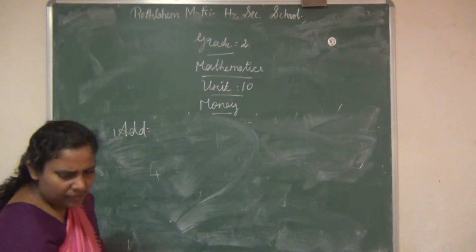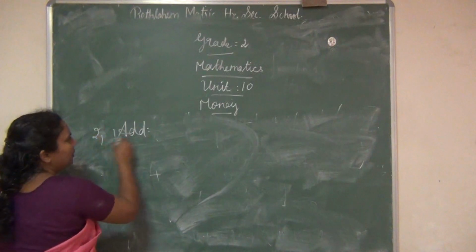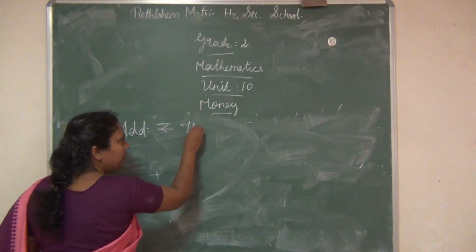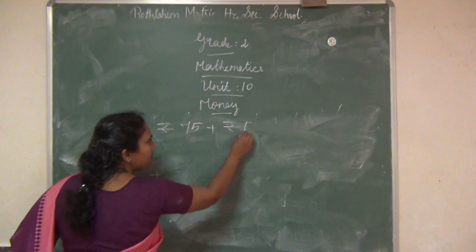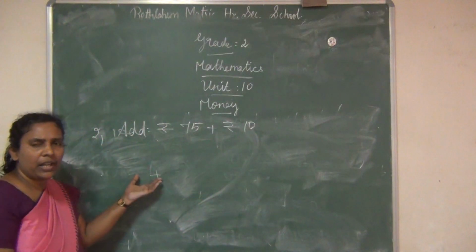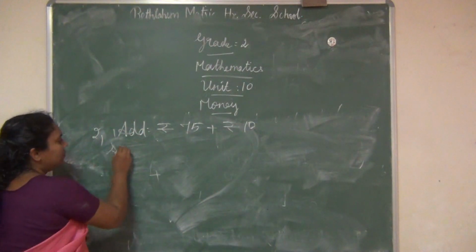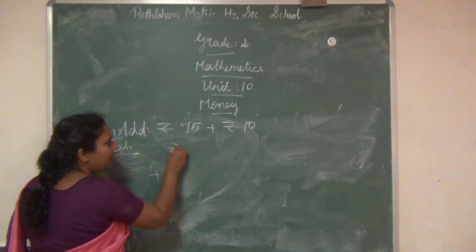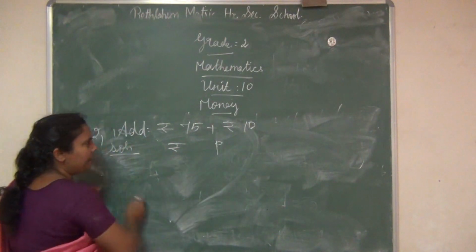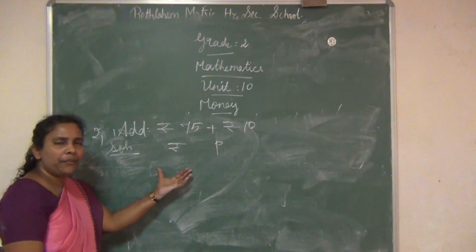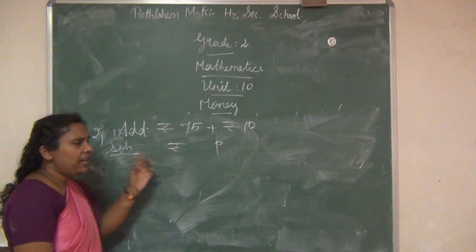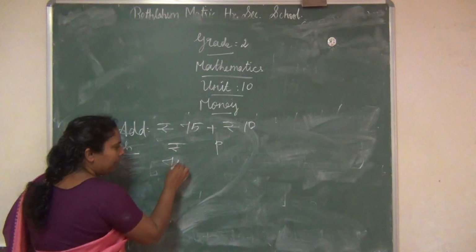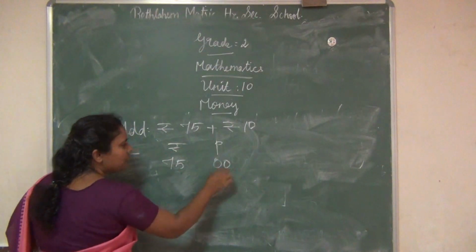Second question. Add rupees 75 plus rupees 10. Same method. Okay. Listen to the solution. First we want to write rupee and pice. In the place of rupee, first what rupee we want to write? We want to write 75 rupee and 0 pice.